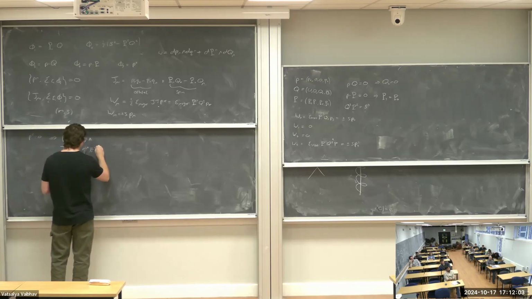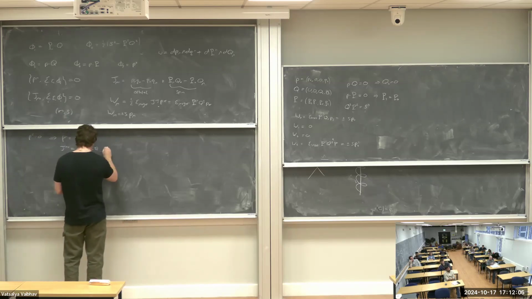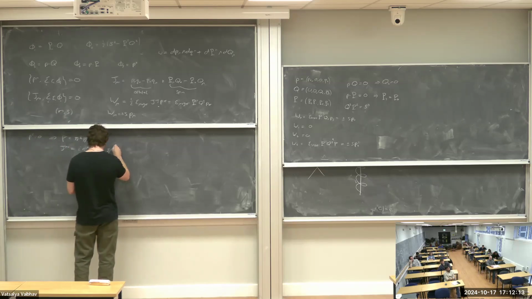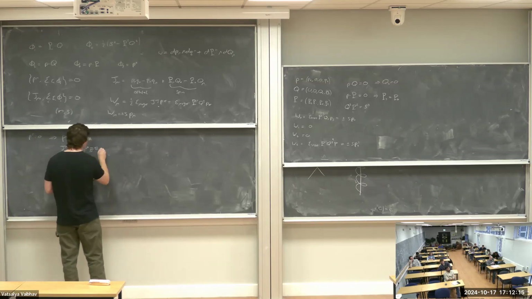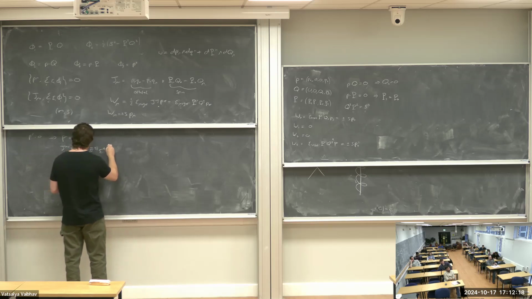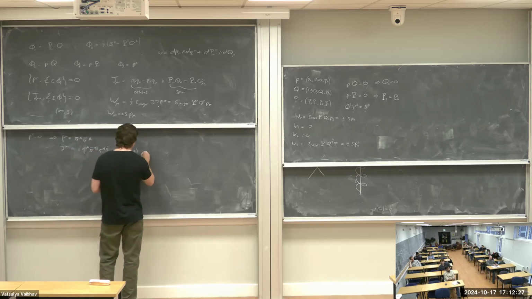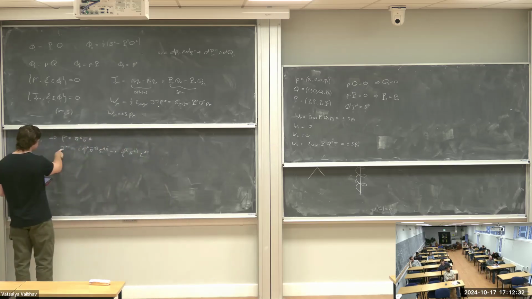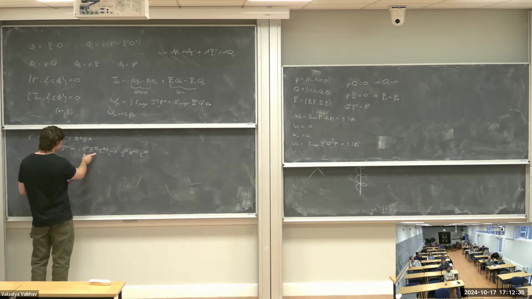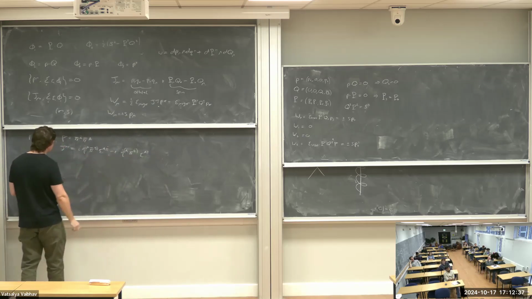Eta bar B minus i eta bar, the epsilon, minus eta bar A dot i B dot symmetrized epsilon A B. Because this is a two form, we write it as a self-dual and anti-self-dual part like this.